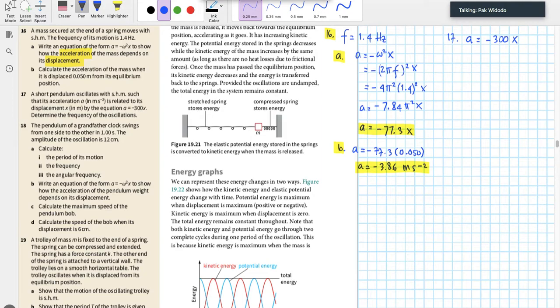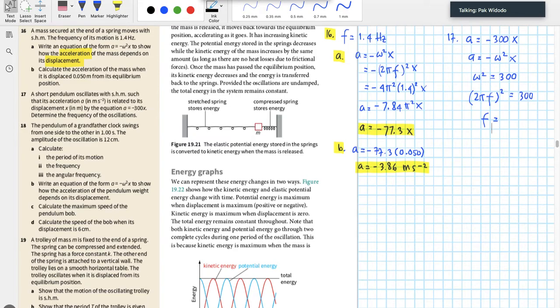Okay, frequency is coming from omega. So you know a equals minus omega squared x. So it means omega squared is 300. Omega is 2 pi f, so f equals root of 300 divided by 2 pi.